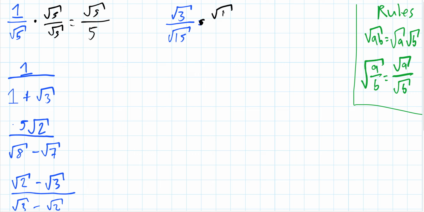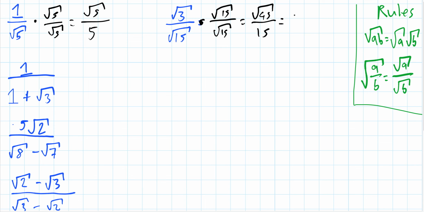Next one, we just multiply top and bottom by square root 15 over square root 15, which equals something over 15. Yeah, we're still using the same rules from the last video.